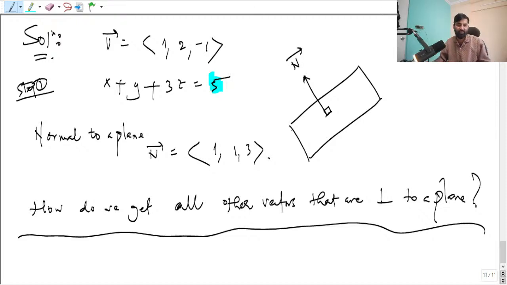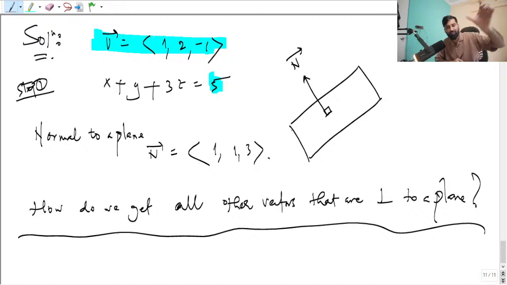Let's say this given vector is perpendicular to this plane. It means the vector will be like this. The length of the vector can differ, but it is still perpendicular.